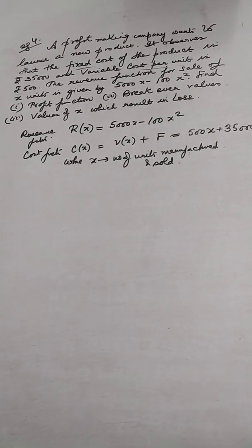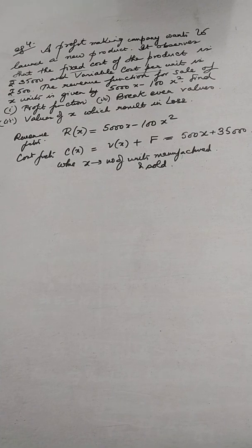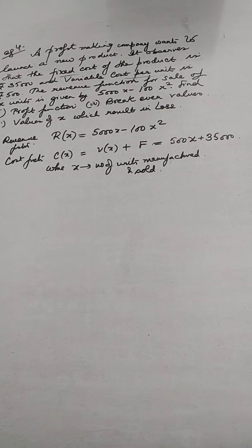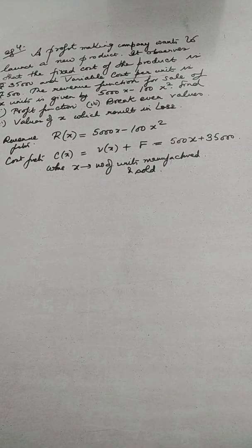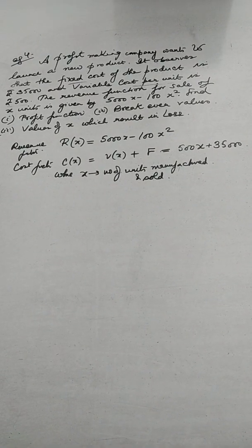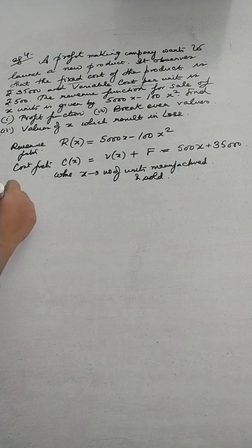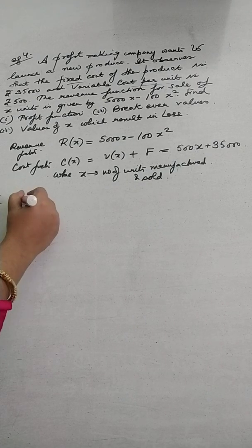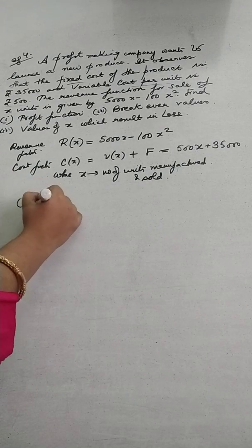Since they are asking you to frame the profit function, let us frame the profit function first. Otherwise, to find the break-even values we could have done R(x) equal to C(x) directly, isn't it? So let us frame the profit function. Subpart 1, the profit function.